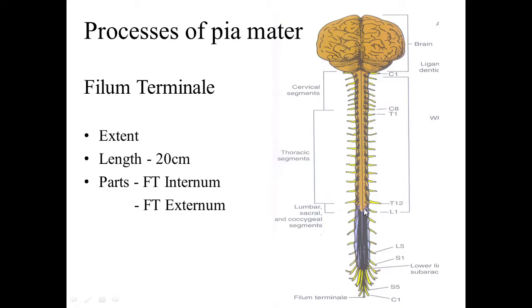So the filum terminale internum is 15 centimeters long and is present within the dural sac. So the part of the filum terminale within the dural sac is called the filum terminale internum, and the part outside the dural sac, which is around 5 centimeters long, is called the filum terminale externum.